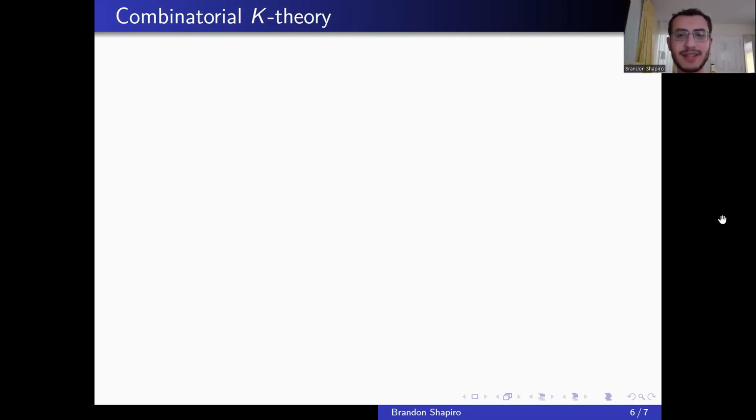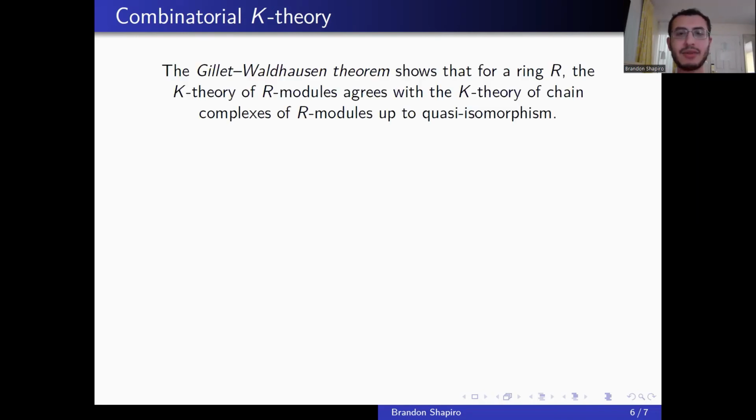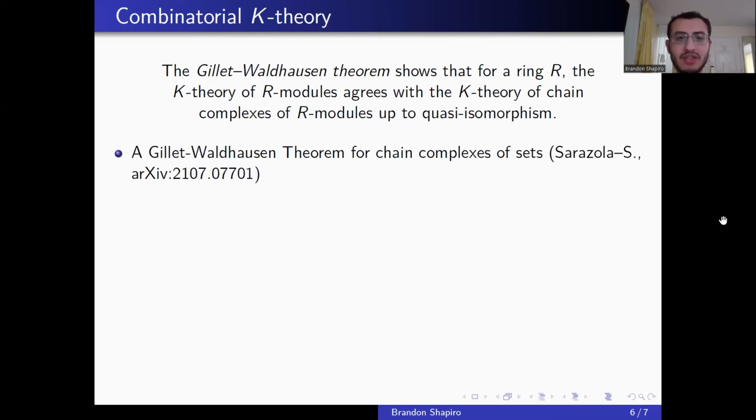A classical theorem of K-theory shows that for a ring R, the K-theory of its modules agrees with the K-theory of chain complexes of those modules when we consider weak equivalences between them. In joint work with Maru Sarazola, we extend this result to finite sets and many other combinatorial objects.